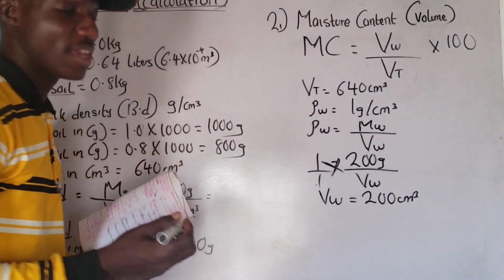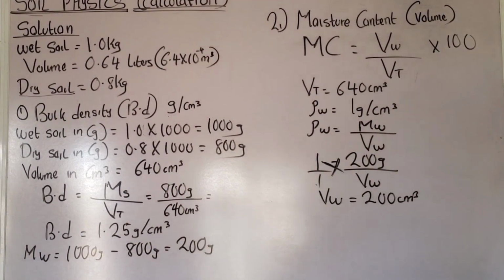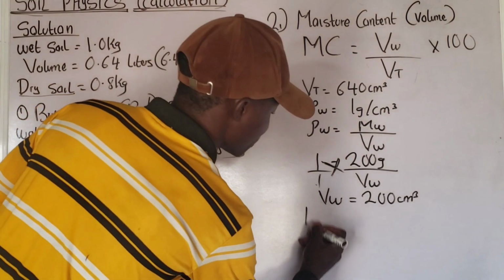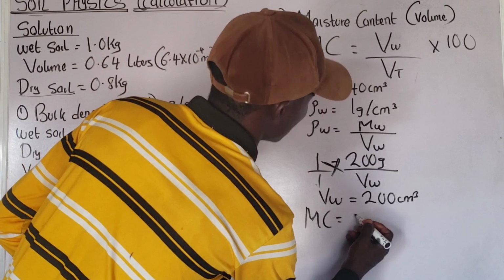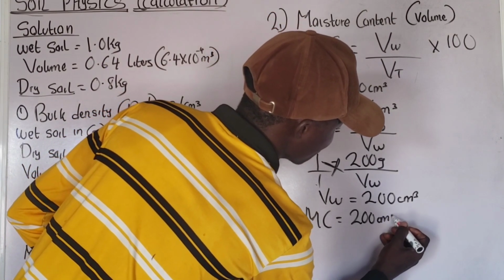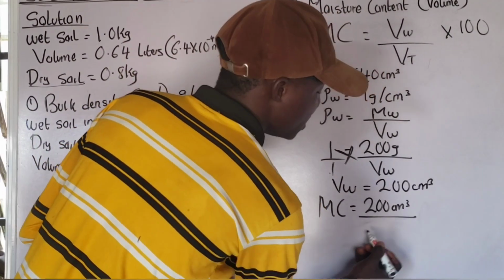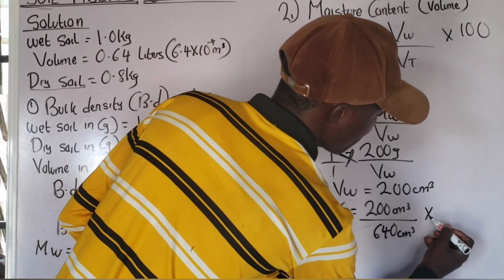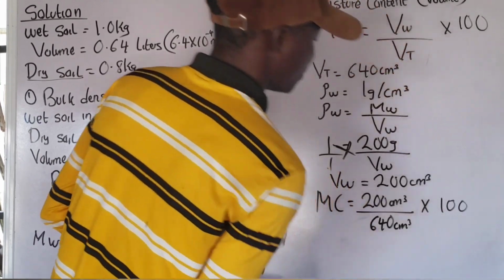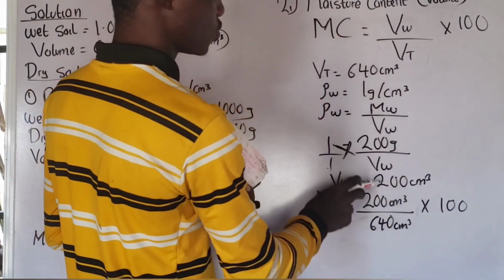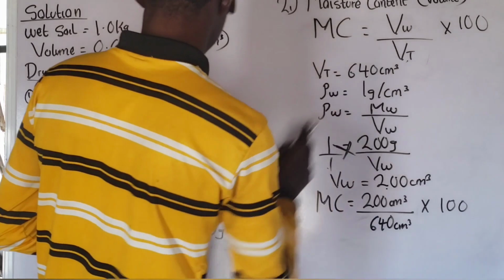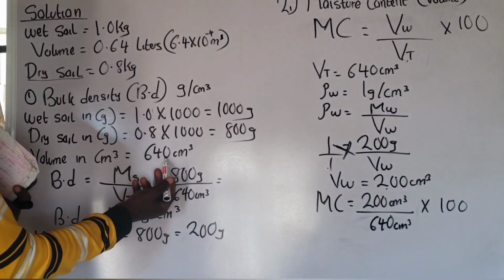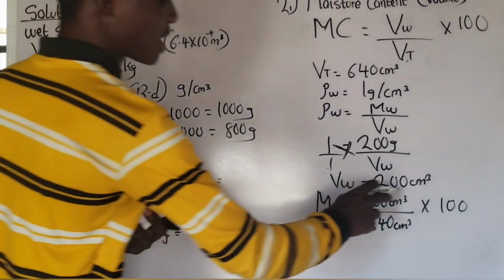Having gotten the volume of water, we can now proceed to calculate the moisture content on volume basis. We just have to substitute all we have got into the formula above. So moisture content on the basis of volume equals volume of water, 200 centimeter cube, over the total volume, 640 centimeter cube, multiplied by 100.